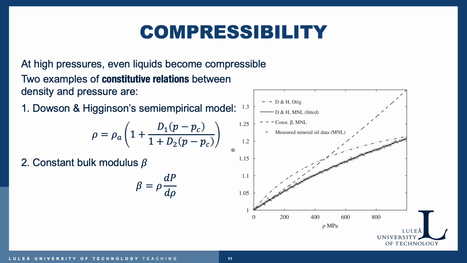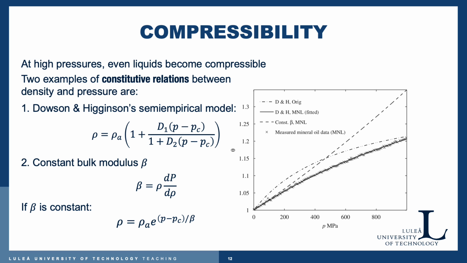The second constitutive relation is the constant bulk modulus one. So beta is typically used to represent this constant bulk modulus, which is defined as the density times the derivative of pressure with respect to density.